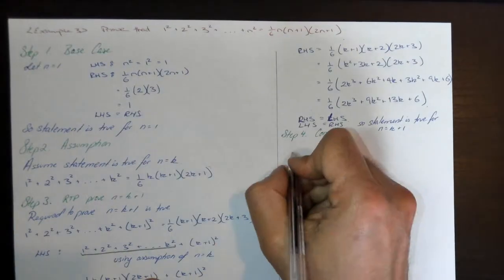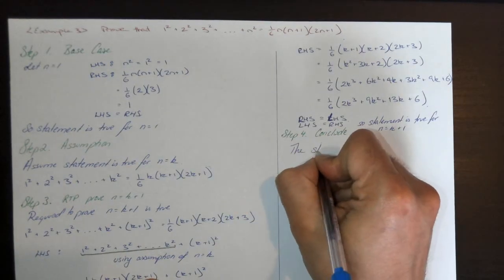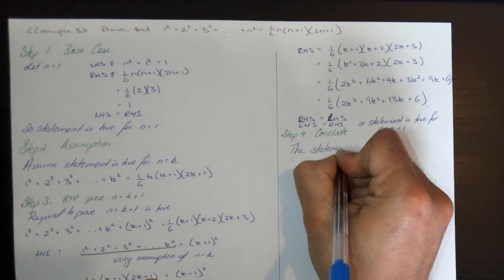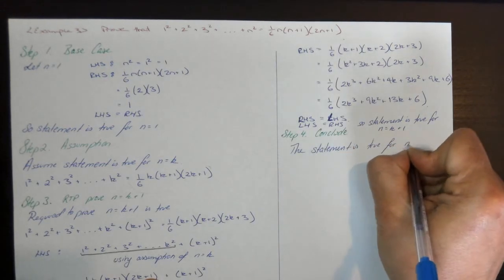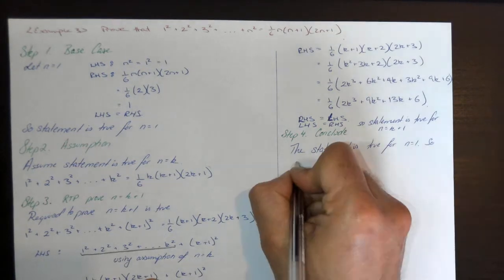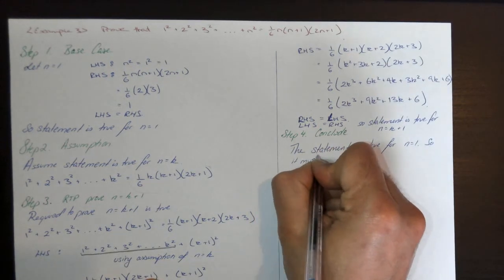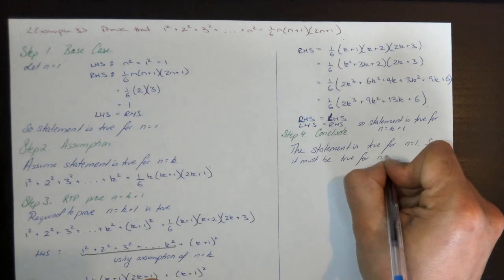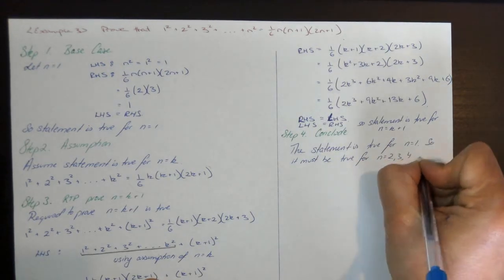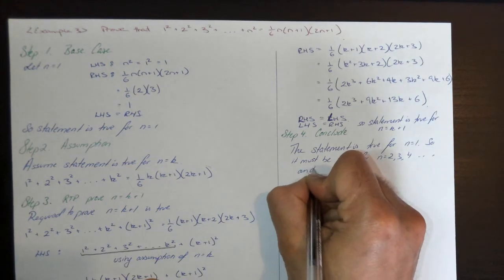Okay, so the conclusion is: the statement is true for n equals 1, so it must be true for n equals 2, 3, 4, and so on.